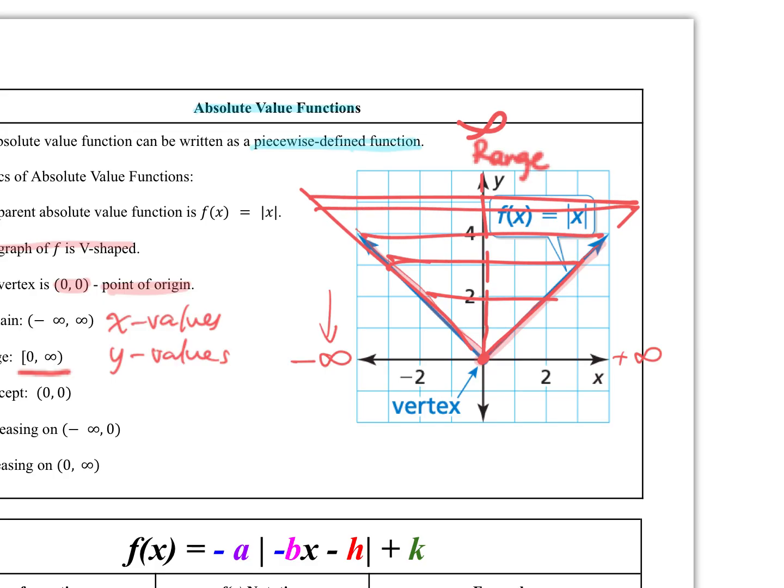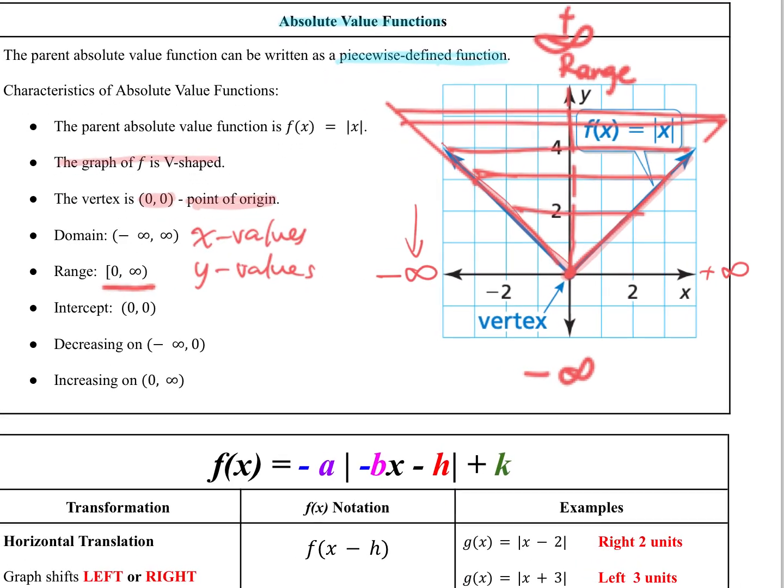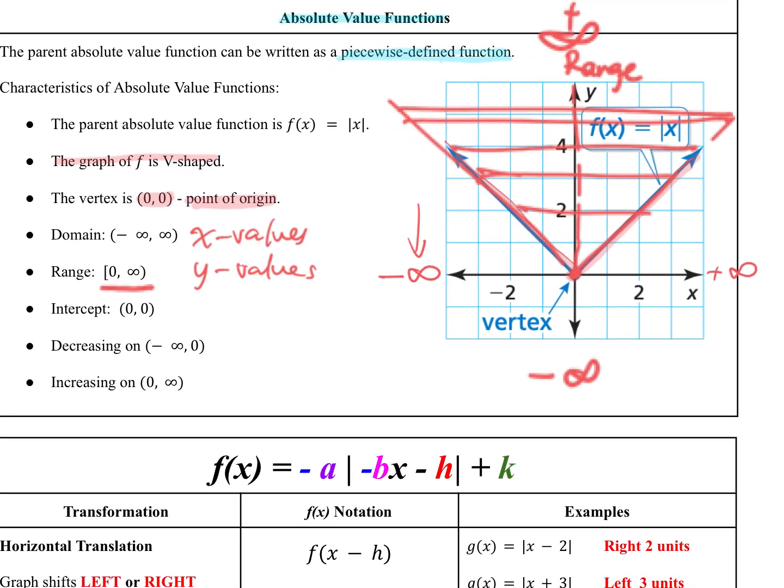So this is going to be your positive infinity, and the lower part of your y-axis is going to be your negative infinity. Okay, another thing that you're going to look at is the intercepts. The intercepts are also located at (0, 0), or the point of origin.